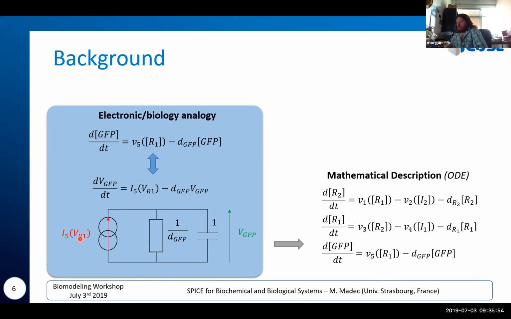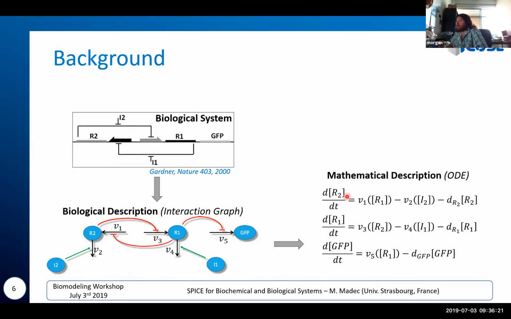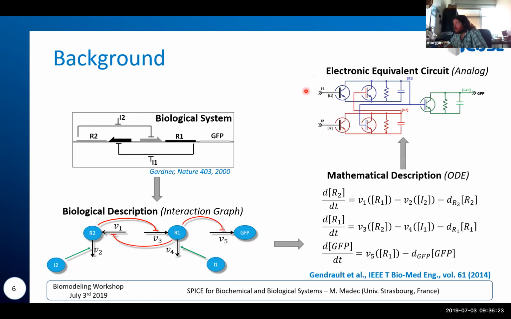And this current source depends on another voltage, because the reaction rate depends on another concentration. And in electronics, this device, a current source that can be controlled by another voltage, is a transistor. So we can take this equation and from it retrieve an electronic equivalent circuit composed of capacitors, resistors, and some transistors.